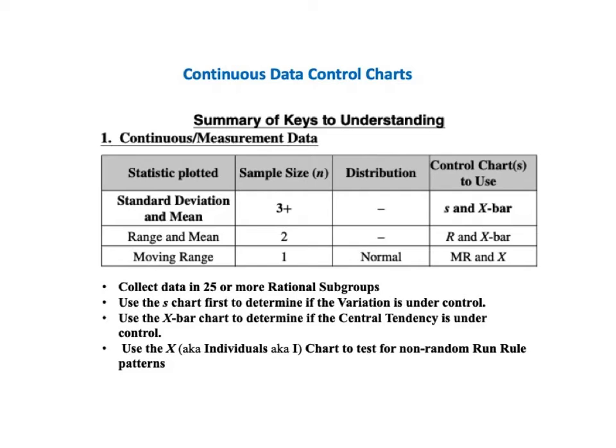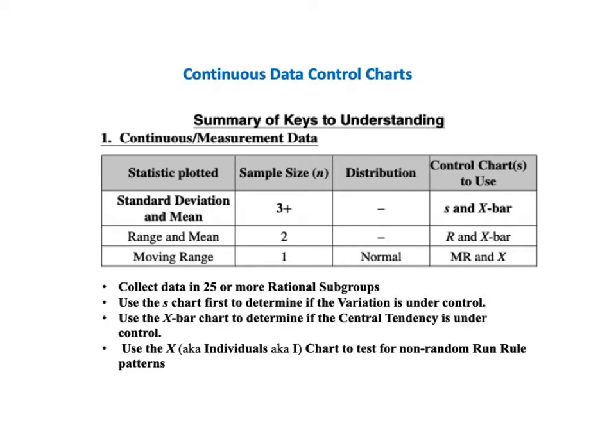For continuous data, we need to collect the data in 25 or more rational subgroups. That is explained in the Part 1 article. In each of the subgroups with n greater than or equal to 4. Use the S chart first to determine if variation is under control. If it is not under control, there's no need to bother with the X bar chart.